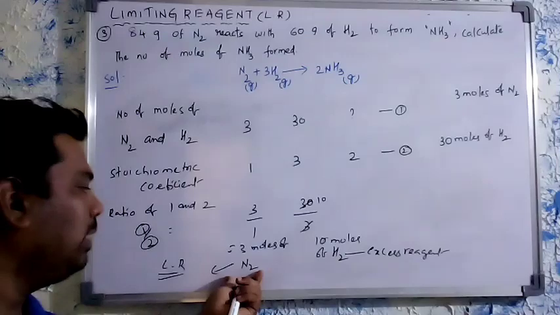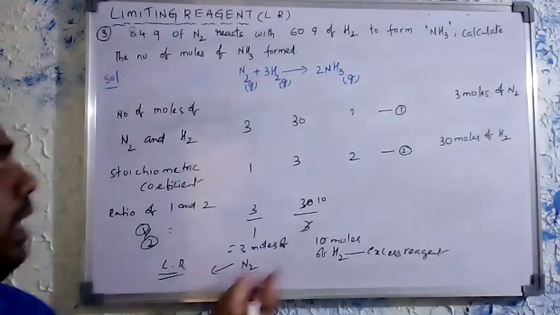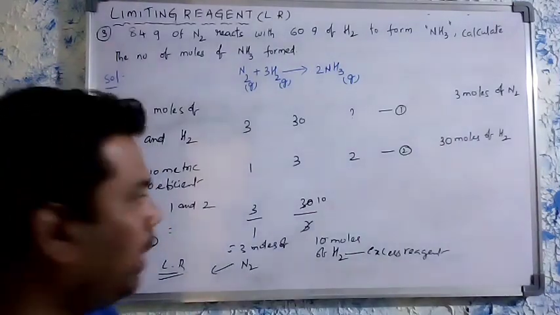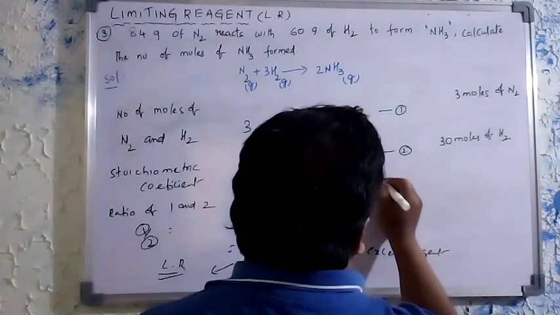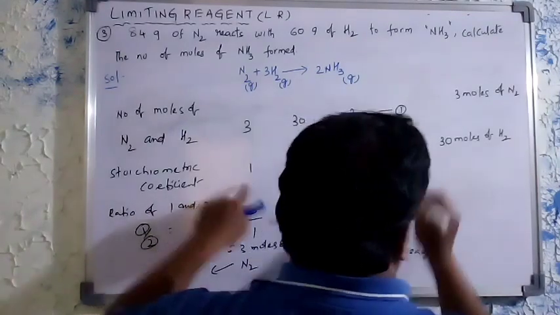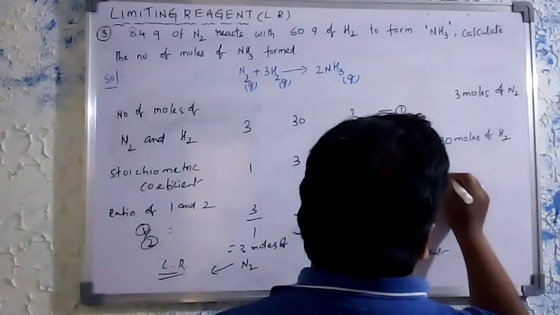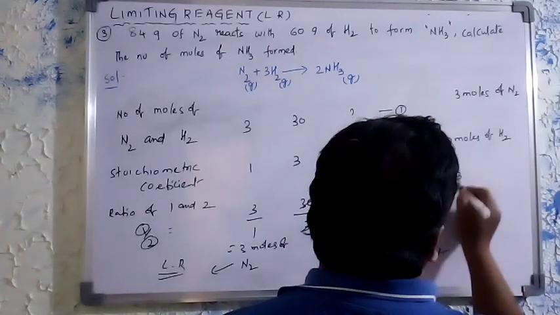Therefore we will take the relation between number of moles of nitrogen and number of moles of ammonia. That is number of moles of nitrogen divided by its stoichiometric ratio, that is 1, and number of moles of ammonia divided by 2.